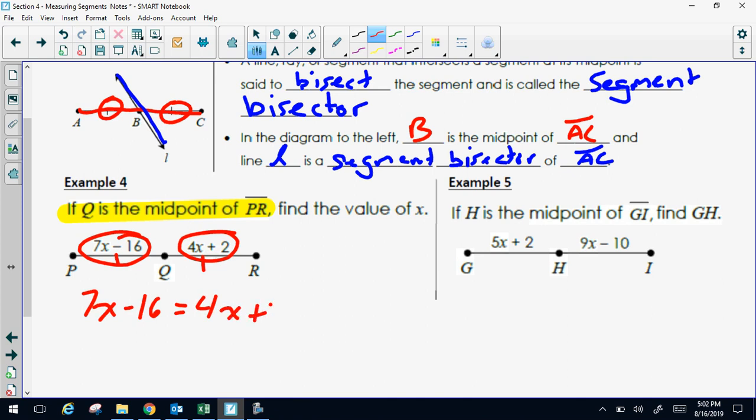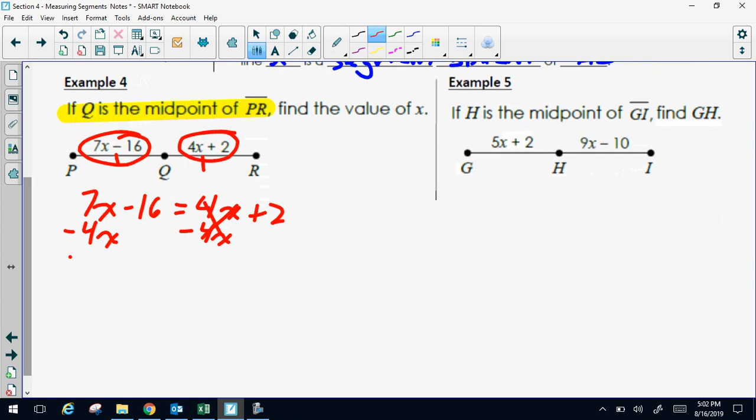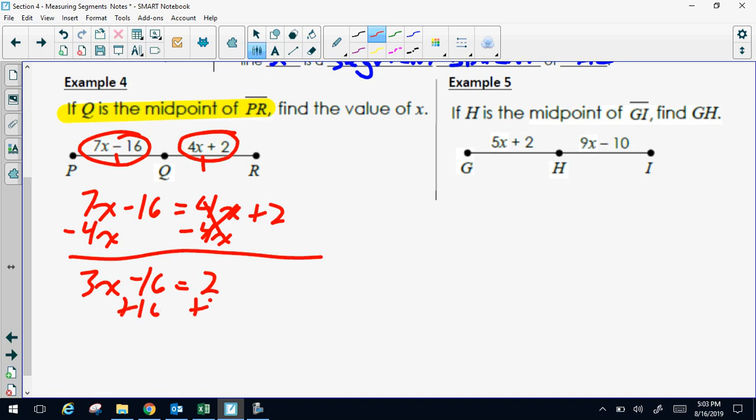So I'm going to subtract 4x. So I get 3x minus 16 equals 2. Add 16 to both sides. So 3x equals 18.